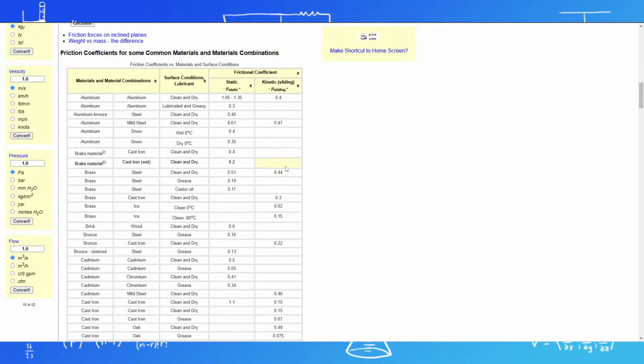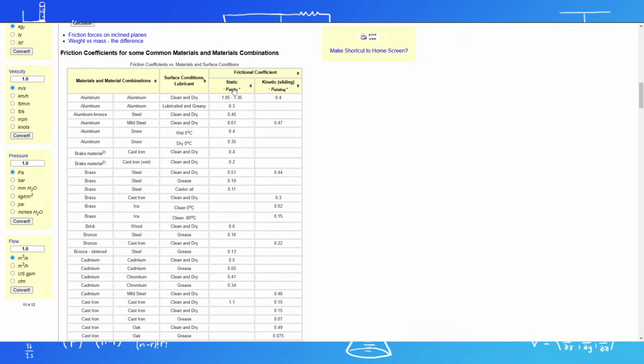Okay, so this is from a website called engineeringtoolbox.com. It's got a bunch of friction coefficients versus materials and surface conditions. So surface conditions, it depends on whether the surface is clean and dry, lubricated and greasy, wet, dry, all that stuff. All of that can change the friction coefficients.